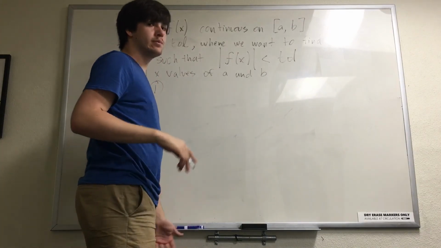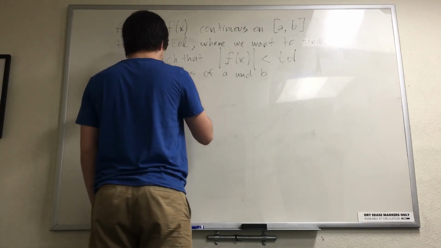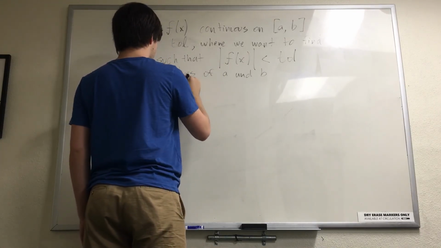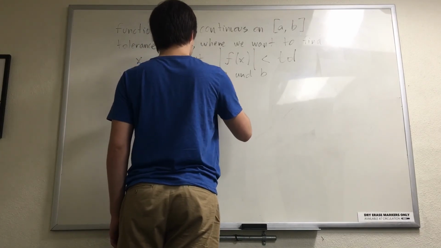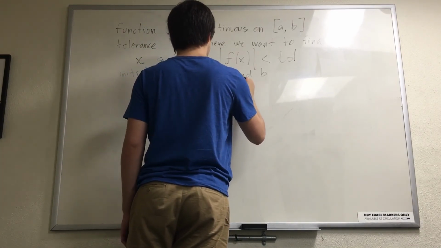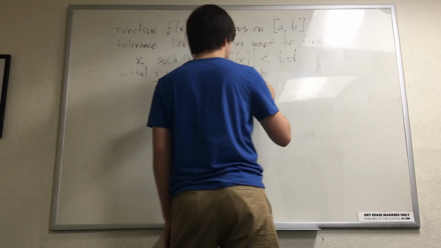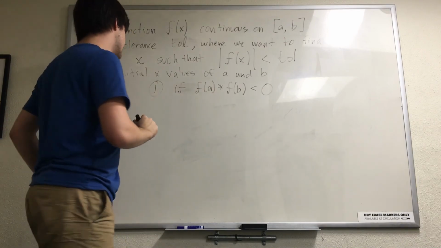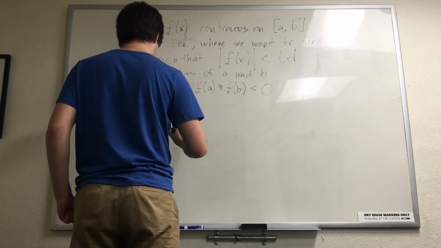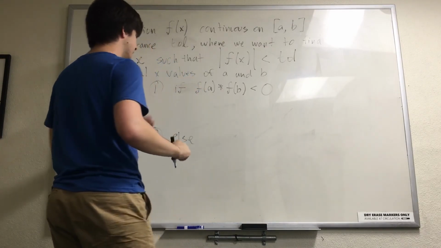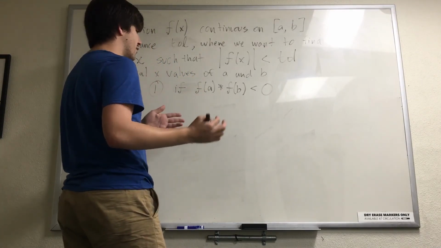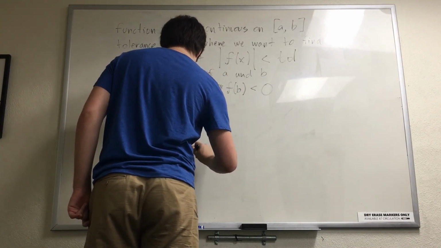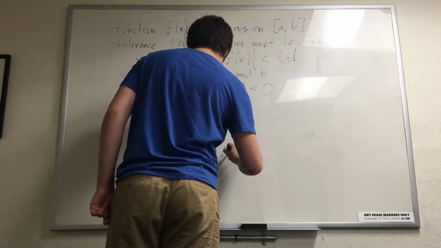So remember from the last example, check if f of a times f of b is less than 0, then we can proceed. Otherwise, our code will break down, and you'll want to say else display error, some sort of error.